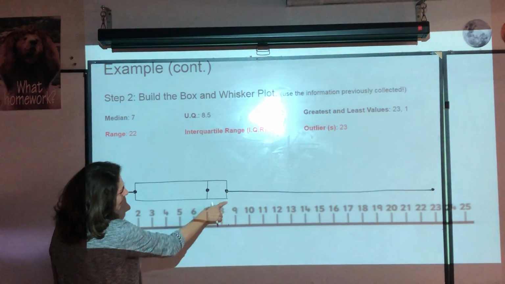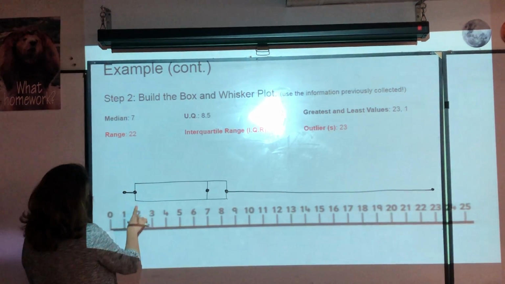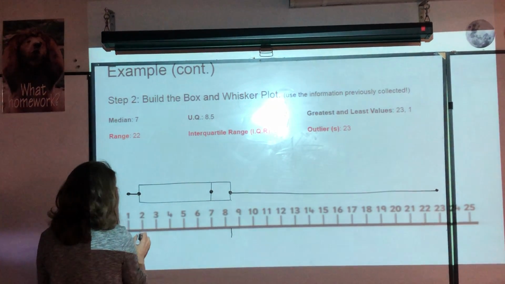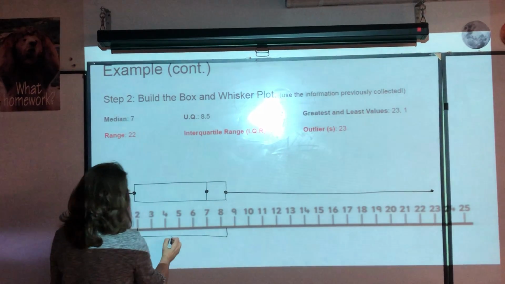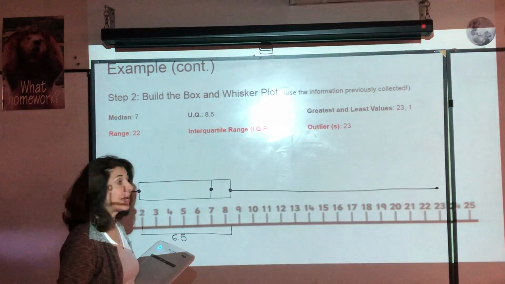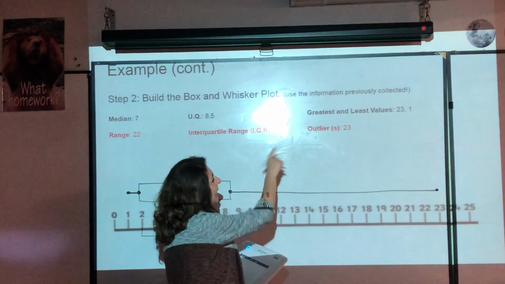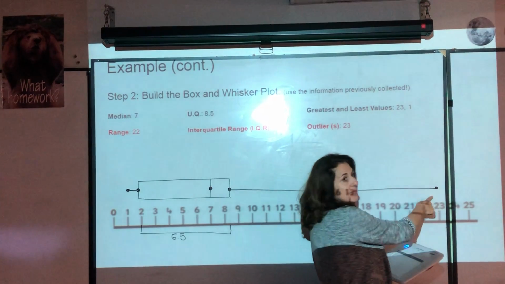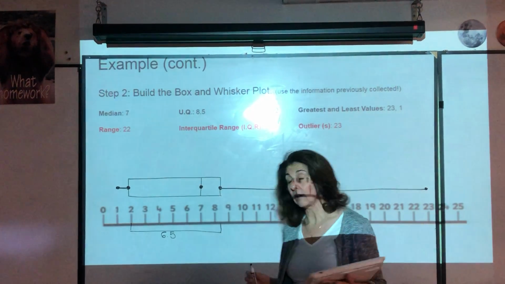From 8.5, I take away 2, and I get the range from here to here. This is 6.5. That's my interquartile range. And then my outlier. If we look at this, it's very easy to see that 23 is the outlier.